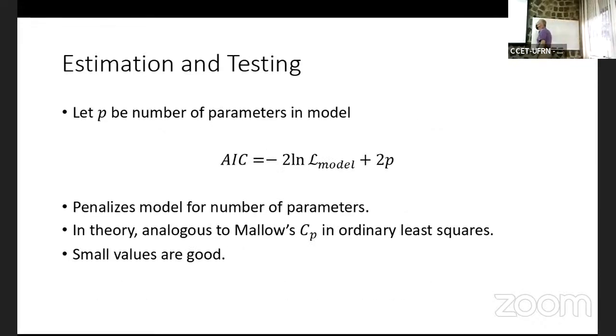The IC is this. Notice the penalty for the number of parameters. That becomes important in this conversation. Again, we're trying to justify why I need to go to a more complex model than I need to. Ultimately, that penalty is going back to prediction variance. That would be the proper interpretation of it.